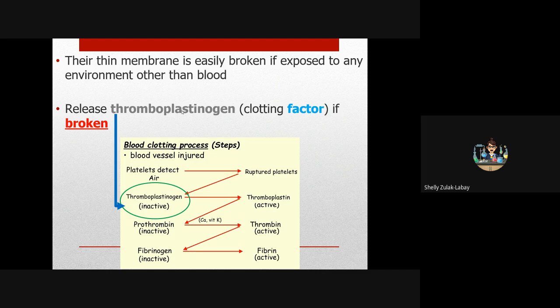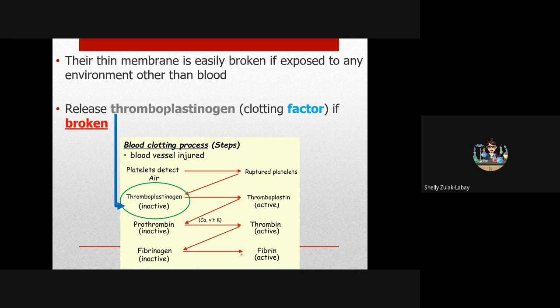So why is this clotting factor or protein thromboplastinogen important to know about? It's going to start a sequence or cascade of events that's actually going to create the formation of a mesh of protein fibers within a blood clot.